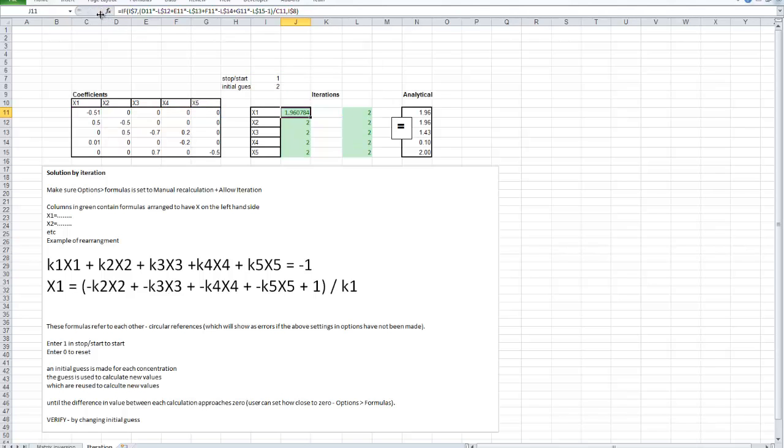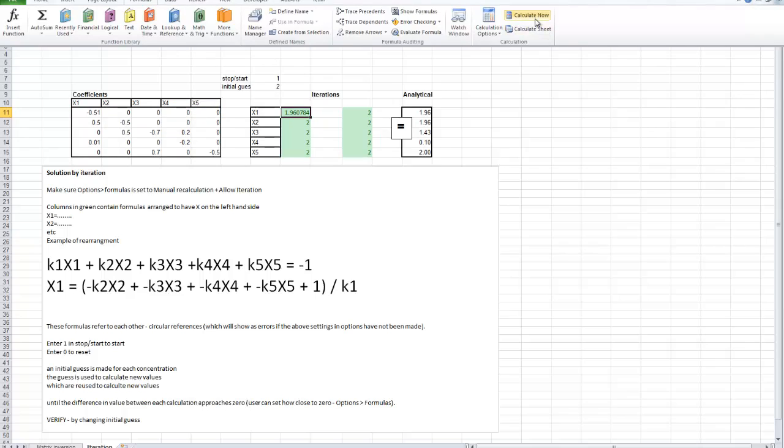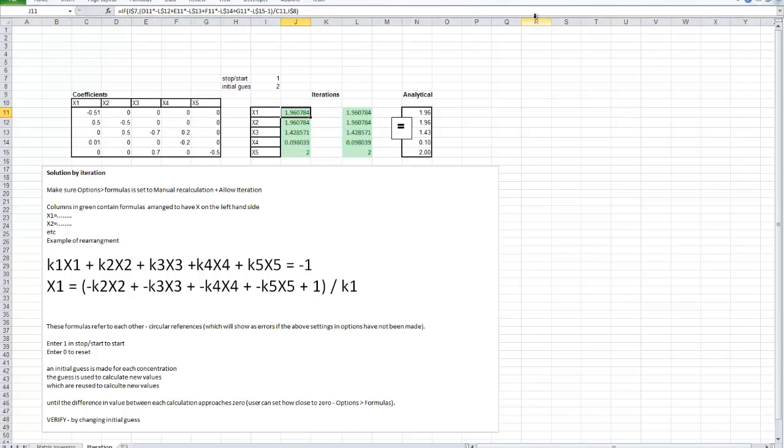So if we actually go, you can either go to formulas and press calculate now, or you can press F9, which is quicker, and that's recalculated 100 times in order to come to that number.